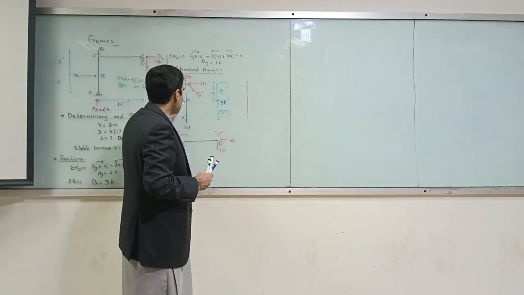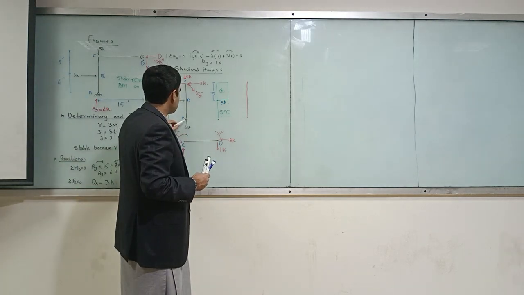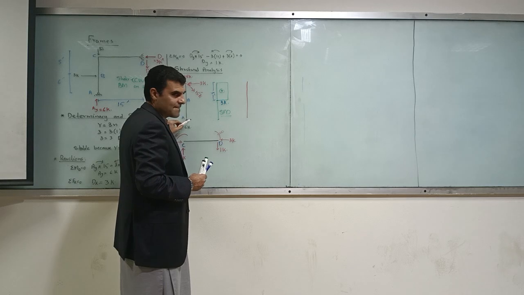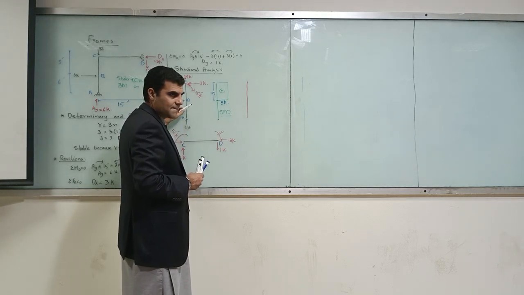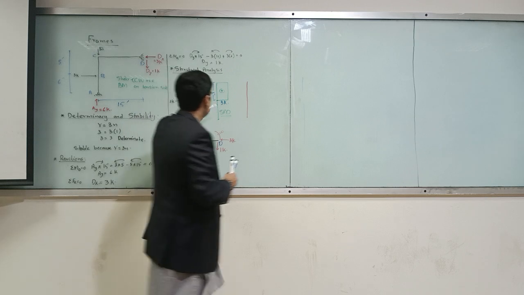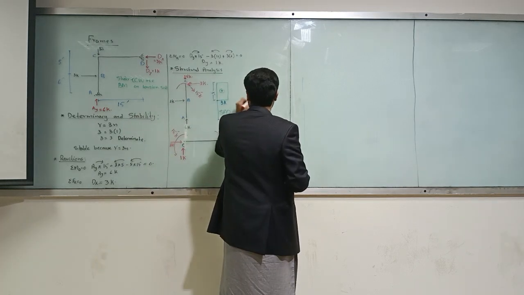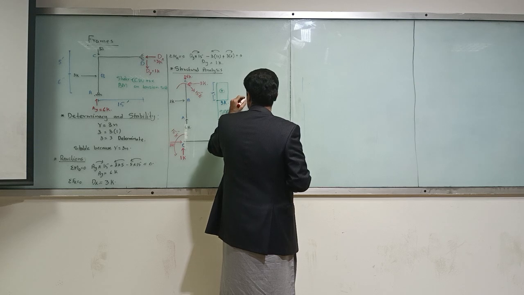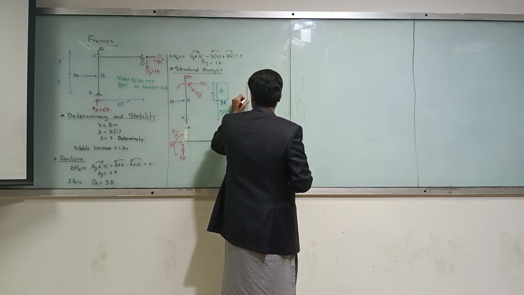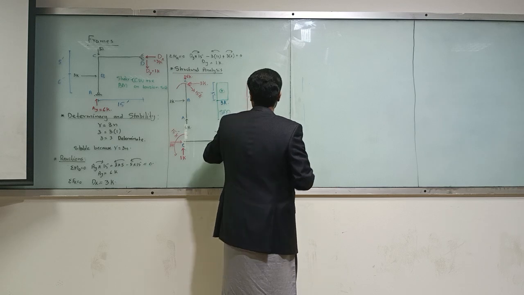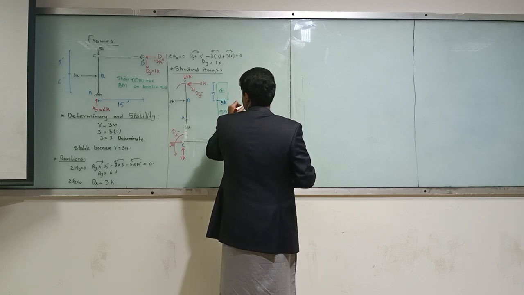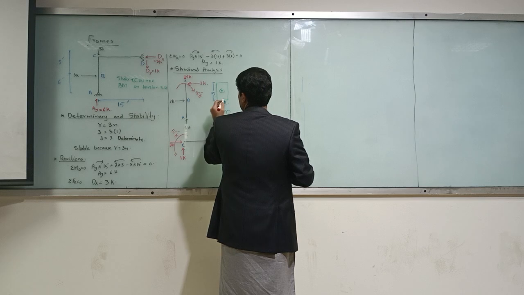Now, what should I do? 0 until 3, and then 15. 3 to 5, 15.